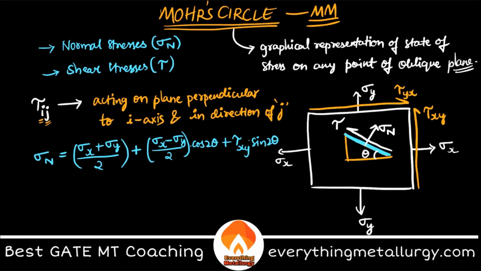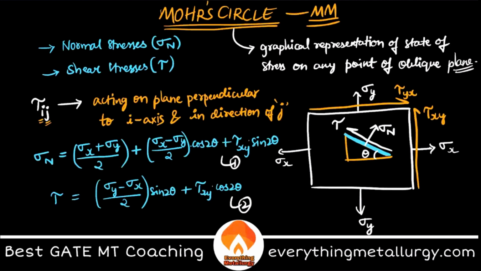Similarly, tau can be written as sigma y minus sigma x by 2 times sine 2 theta plus tau xy times cos 2 theta. So these are the two equations. This is equation 1, this is equation 2.